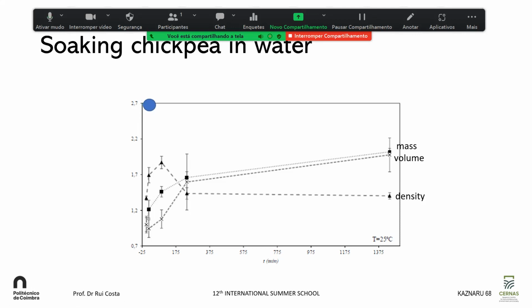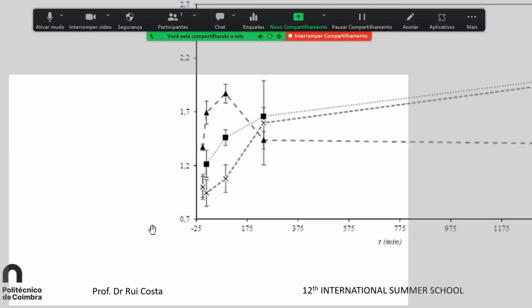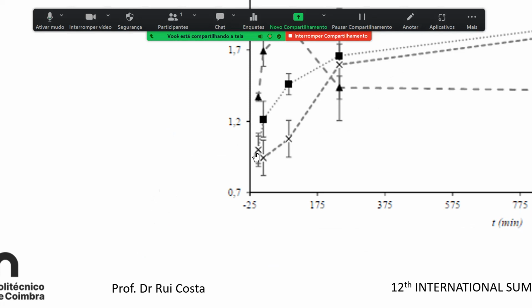You see, on the top, I will show the simulation again. There is a decrease in volume, and then an increase until the end. So you can see here, the mass always increases, but the volume, from these points, decreases initially and then increases.